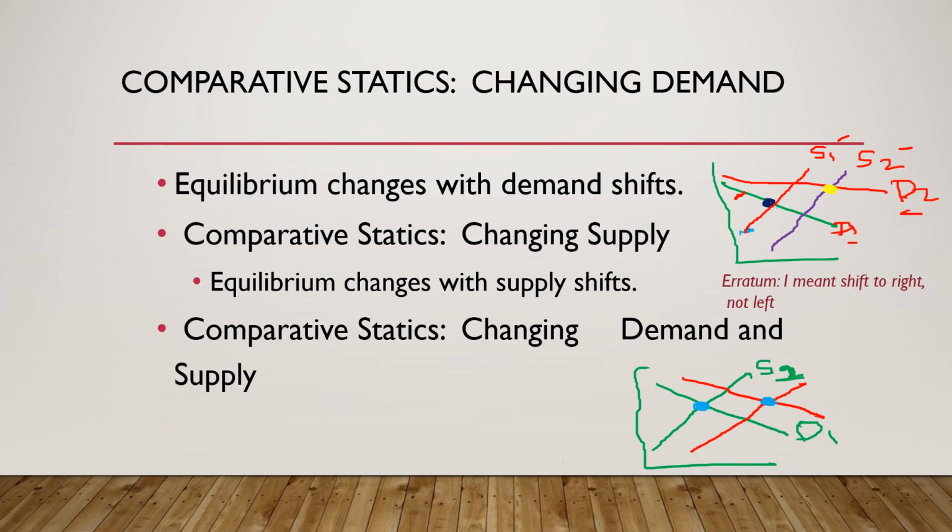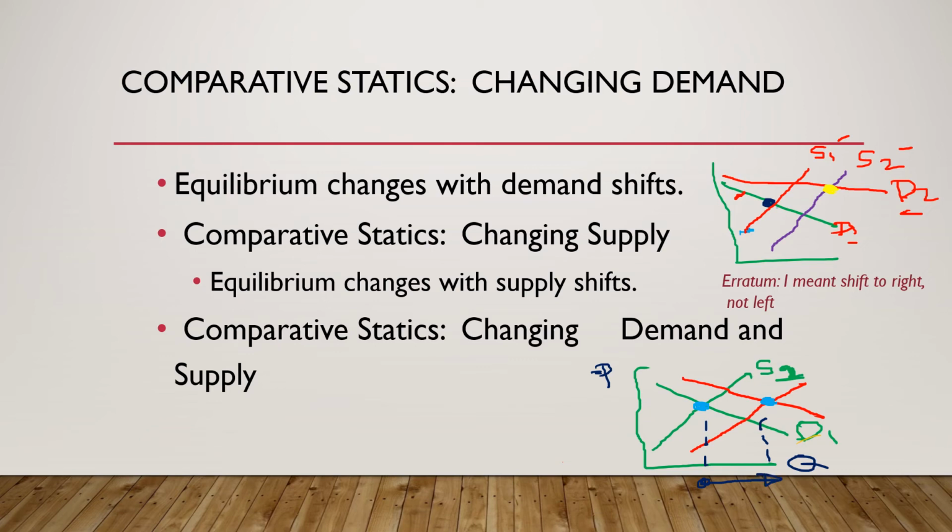So notice that when you're looking at the quantity, where is the quantity? The quantity is here. The price is here. When you're looking at the quantity, definitely the quantity has moved from this point to this point, so there is an increase in the quantity.